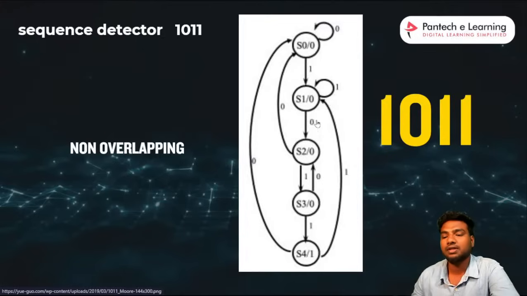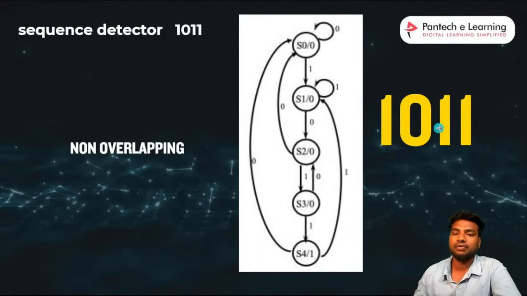So tomorrow we'll see the Mealy machine, and then you can easily understand why the Moore machine uses one additional state. The Mealy machine gives output from the transition from one state to another state, but the Moore machine gives the output based on the current state.